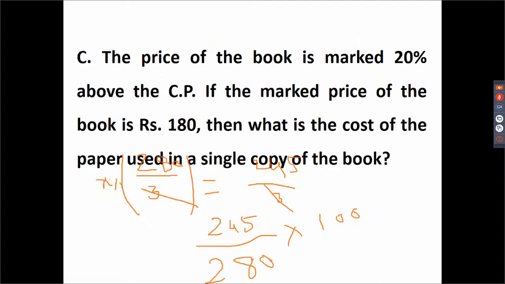Okay, next one. The price of the book is marked 20% above the CP.